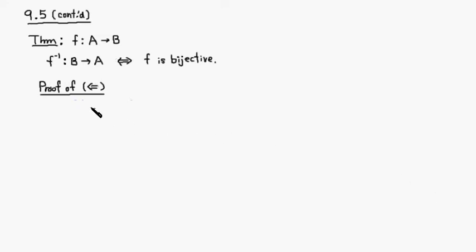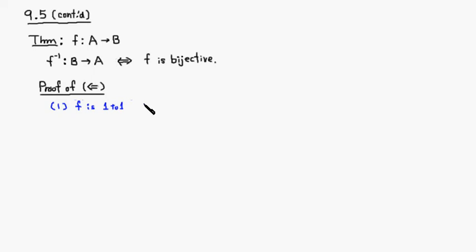All right, so we're proving the other implication. Let's start with, all right, so we assume line 1, right? So F is bijective. Actually, I'm going to write F is 1 to 1, right?